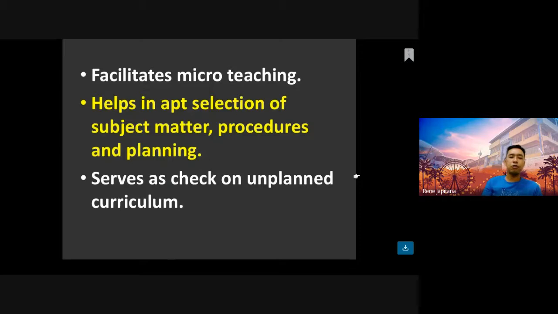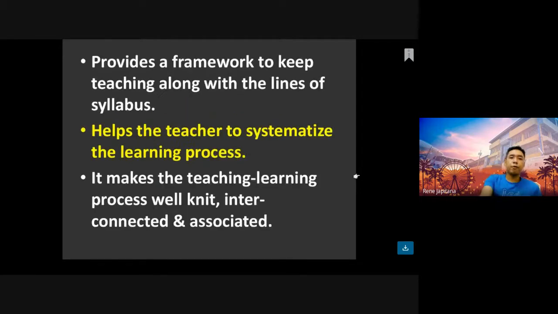It also serves as a check on unplanned curriculum. It provides a framework to keep teaching along the lines of the syllabus or the curriculum, so alignment. It also helps the teacher to systematize the learning process. It makes the teaching and learning process well knit, interconnected, and associated.